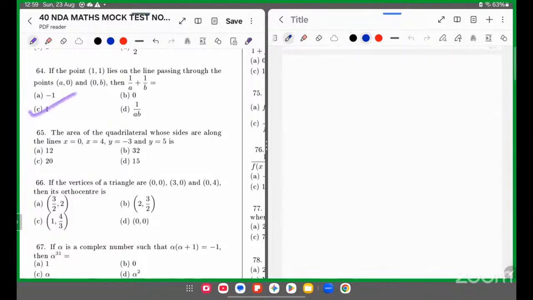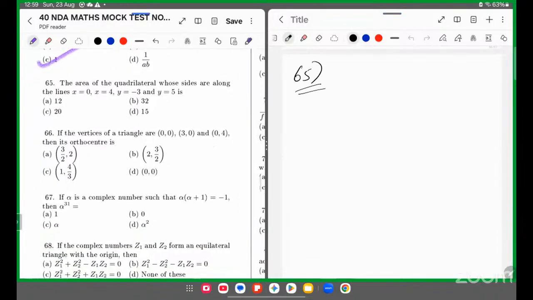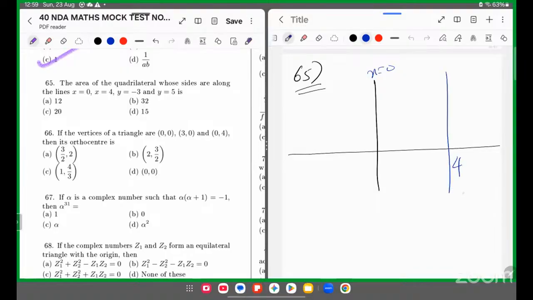Question number 65. The area of the quadrilateral whose sides are along the lines x is equal to 0, x is equal to 4, y equal to -3, and y equal to 5. Here y equal to -3 and y equal to 5, so this is 3, this is 5, so it is 8.